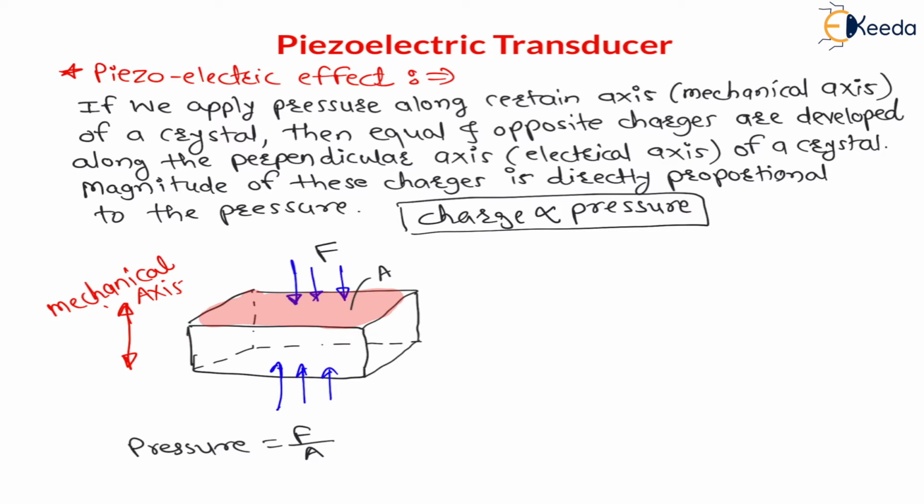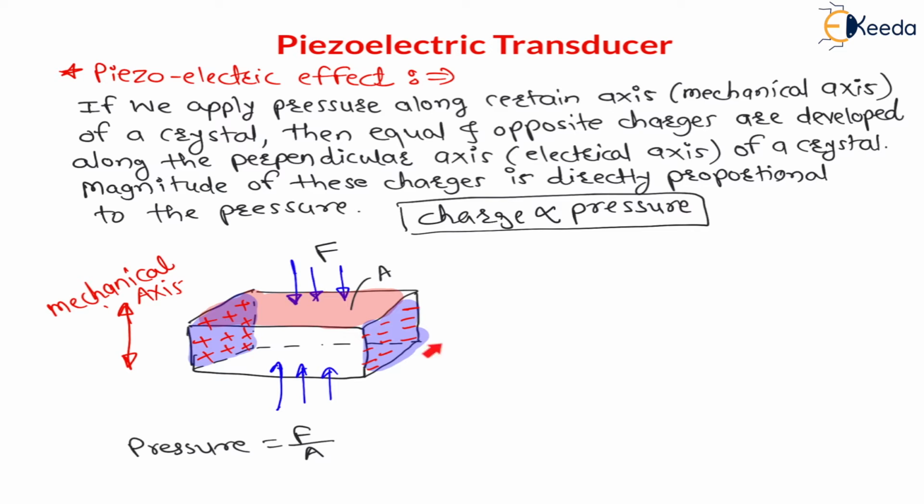On this face and on this face, both sides, left side face and right side face, let us say if on the left side face the charge produced is positive, then on the right side face the charge will be negative. Equal and opposite charges are produced like this.